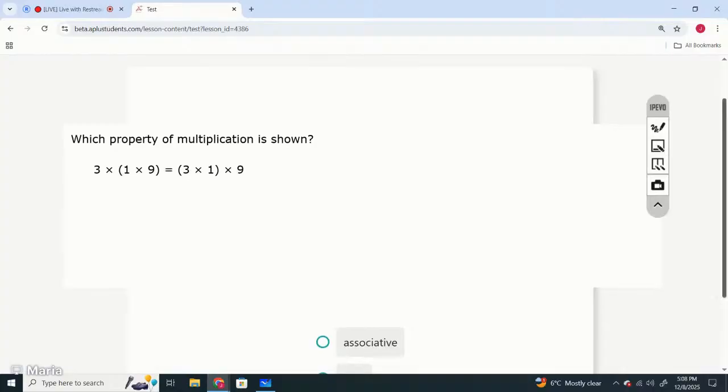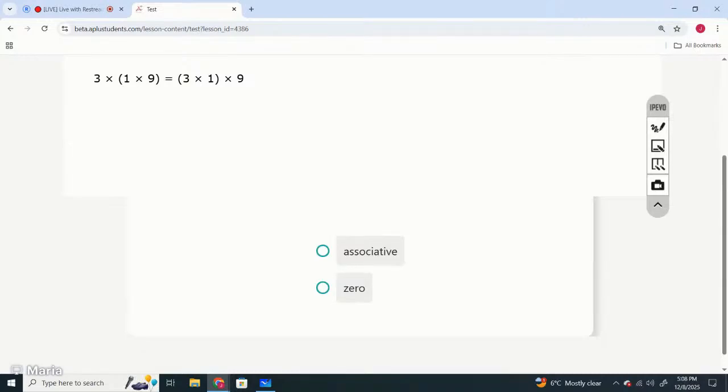That is the associative property. Option number 1 is the correct option.